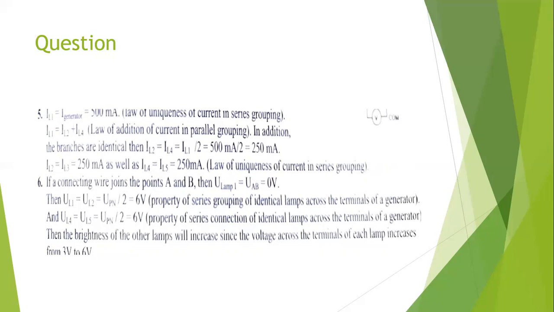And UL4 equals UL5 equals UPN over 2 equals 6 volt, property of series connection of identical lamps across the terminals of a generator. Then the brightness of the other lamps will increase since the voltage across the terminals of each lamp increases from 3 volt to 6 volt.